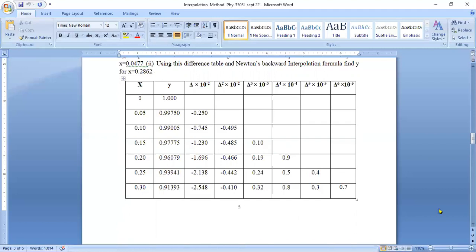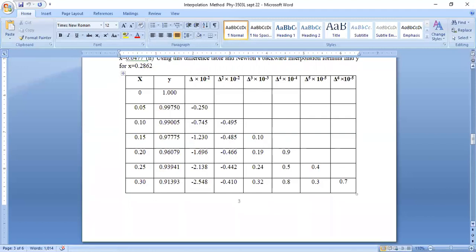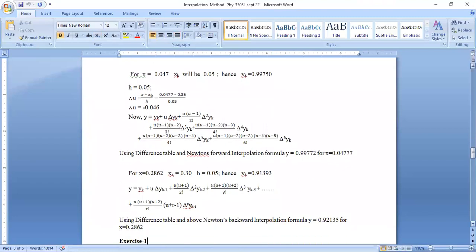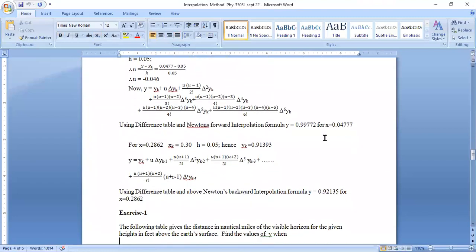So I use a backward formula. You look at the backward formula. So when you use this backward formula, I can write this backward formula. You have the yk, then del yk minus 1, then you have del square yk minus 2, del cube yk minus 3, like this.